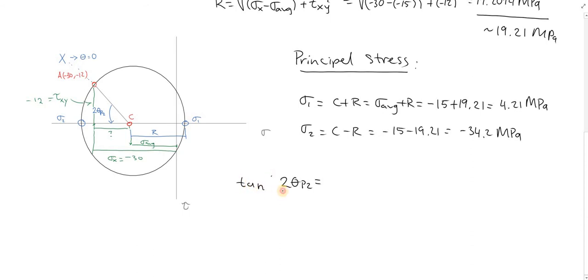So tan of these ones is simply just our shear stress divided by our normal stress in X minus our average stress. So then we'll find, if we take tan to the -1, and now I'm just going to put in the actual values for these ones.